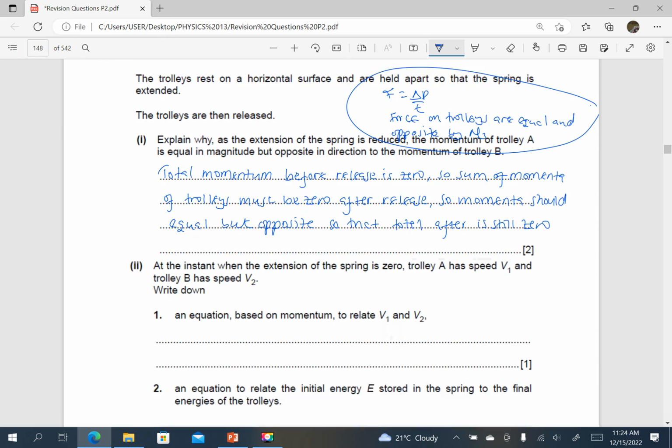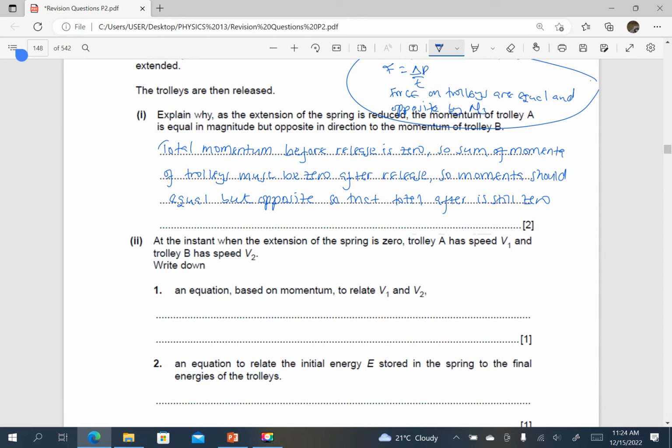Okay. At the instant when the extension of the spring is 0, trolley A has a speed v1 and trolley B has a speed v2. Write down an equation based on momentum to relate v1 and v2. Remember the momenta are equal but opposite.